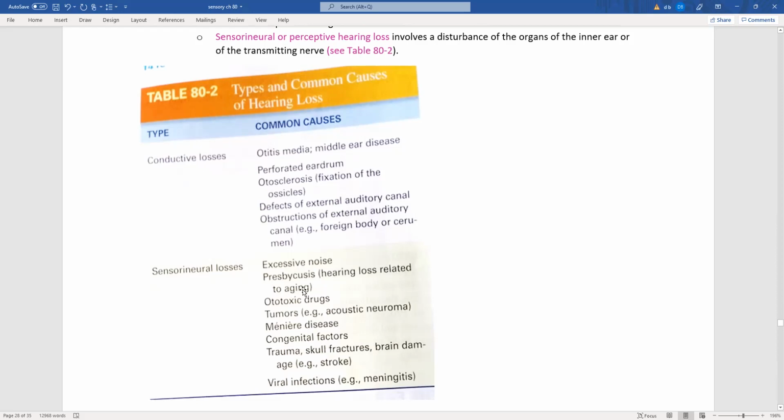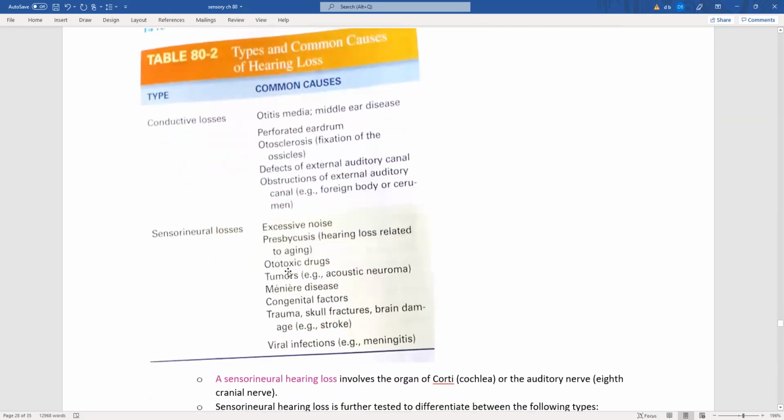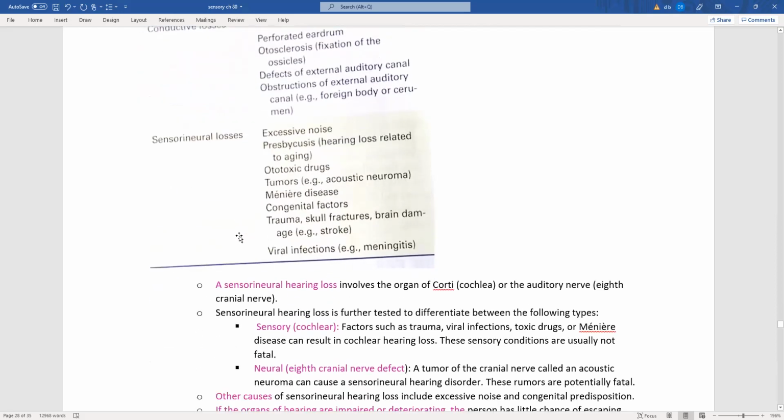Presbycusis, that's because you got old, causes hearing loss. Ototoxic drugs, tumors like an acoustic neuroma, see, nerves, Meniere's disease, congenital factors, trauma, skull fractures, brain damage, which cause nerve damage to the brain, or stroke. Viral infections like meningitis can cause sensorineural losses.